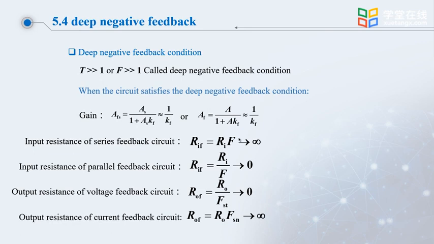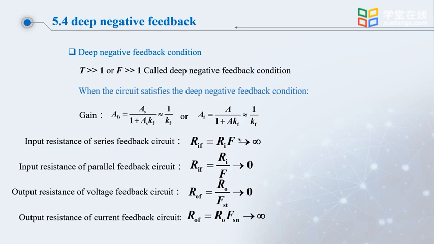It equals the output resistance of the basic amplifier multiplied by the feedback depth. Because the feedback depth is much greater than 1, for circuits satisfying the deep feedback condition in current feedback form, the output resistance approaches infinity.